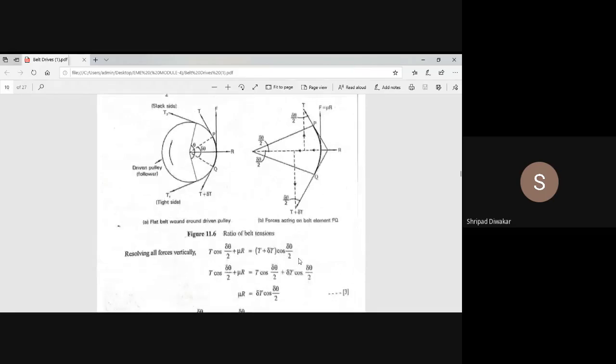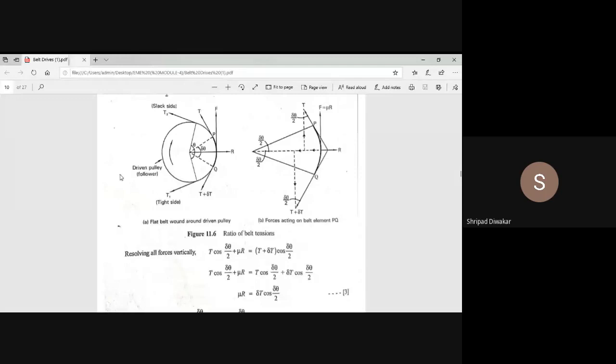So here you observe the diagram carefully. This is your driven pulley. One more they have not shown here, we have the driver pulley. Remember, T1 is the tight side. The driver pulley draws the belt from the driven pulley and then circulates.